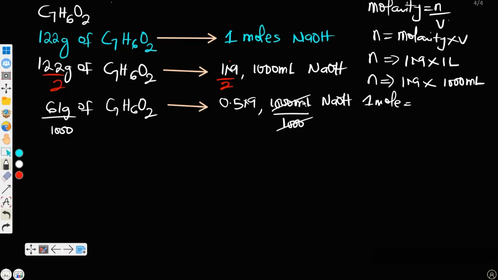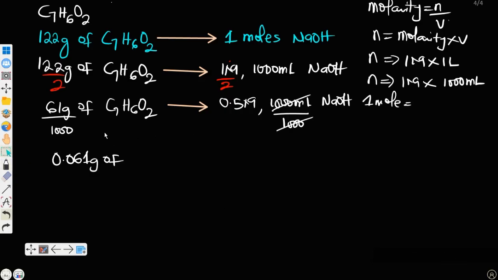So when this cancels, 61 divided by 1000, which is 122 divided by 2 is 61, divided by 1000. That is 0.061 gram of benzoic acid.